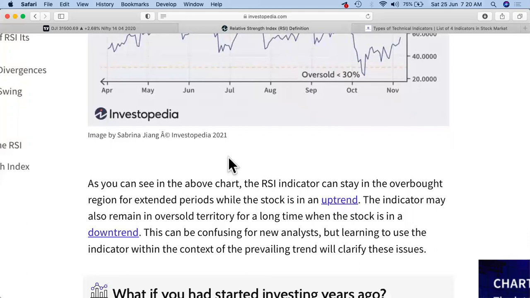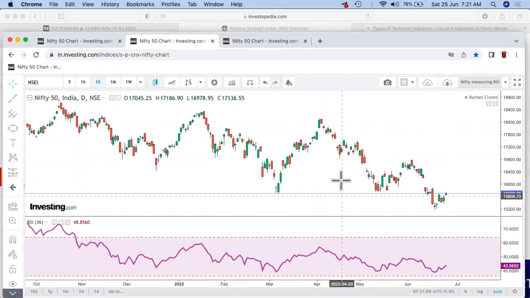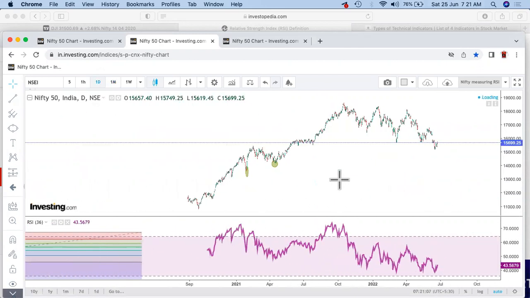So let's talk about some important things. One is, first of all, the time frame, right? Because it depends on the time frame that you are using, and you should always be majorly looking at the time frame in that. Let's say, for example, we are talking about daily. When I'm talking about daily, I should be using a daily time frame more.